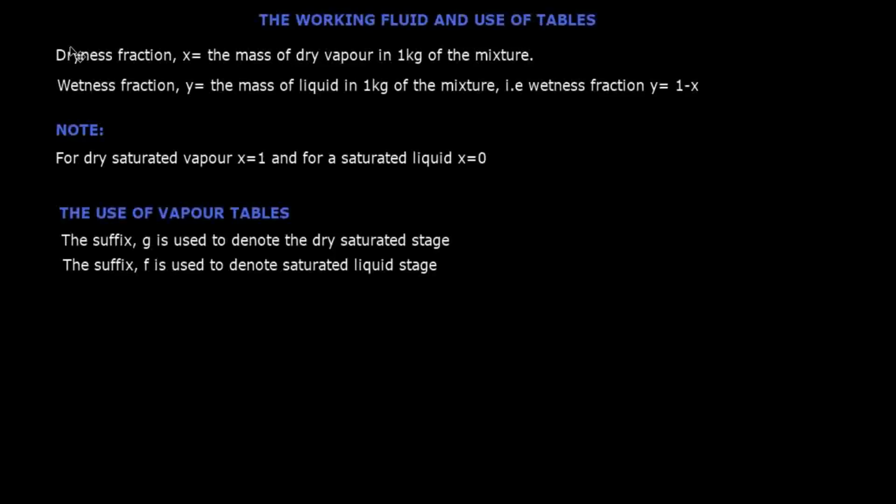So let's go down to some equations we are going to use here: the use of vapor tables. The g subscript is used to denote the dry saturated stage, that is the gas, and the f subscript is used to denote the saturated liquid stage.